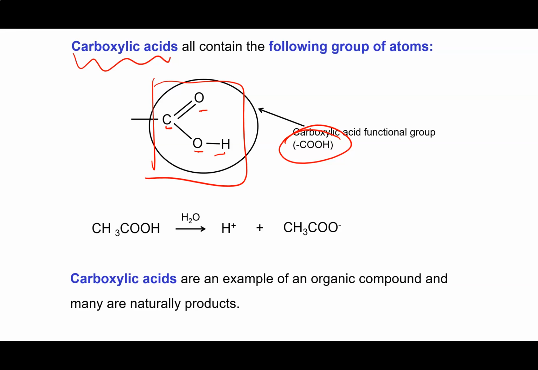Your amino acids are all carboxylic acids. There are many of them in what we call natural products. We don't have to learn how to name them, but you might see these and be expected to recognize them from their formulas as acids.